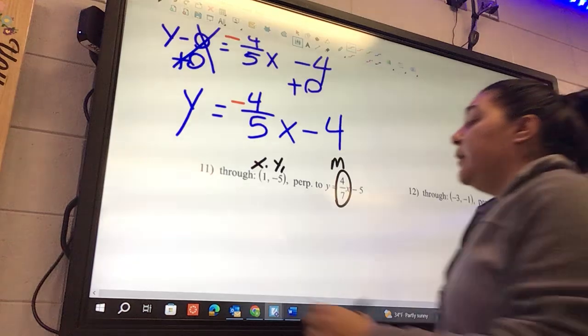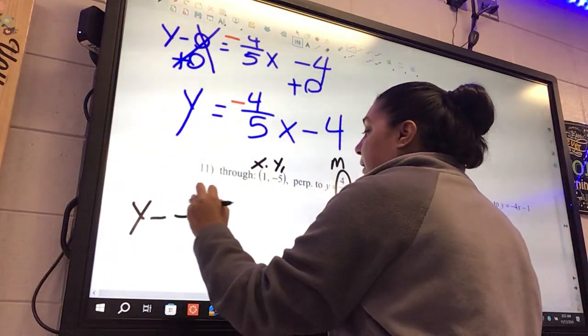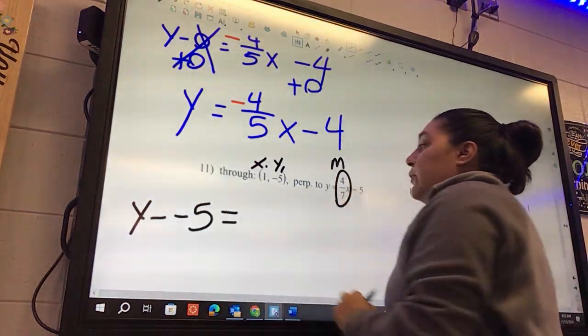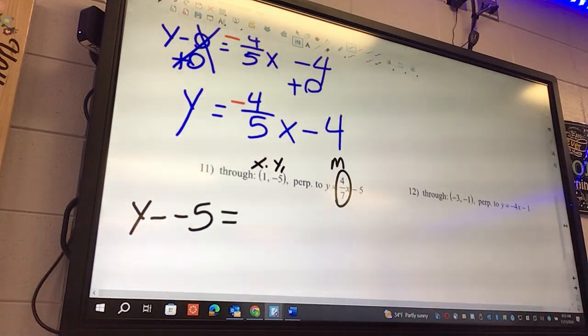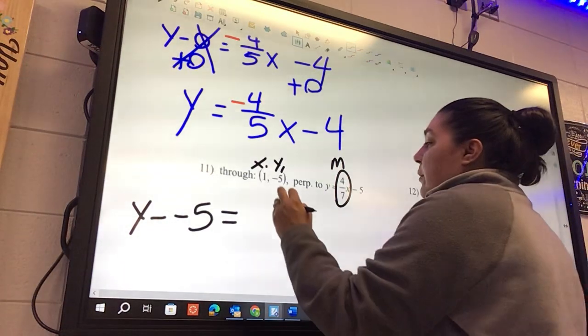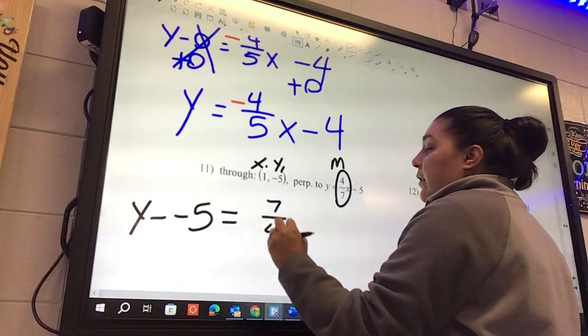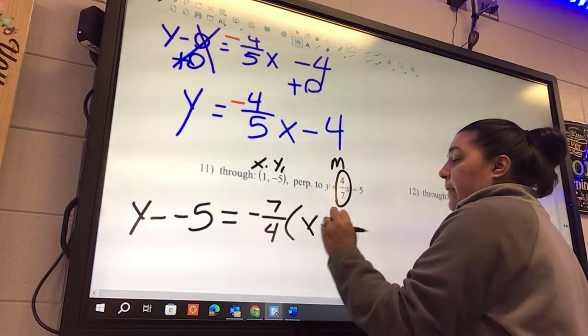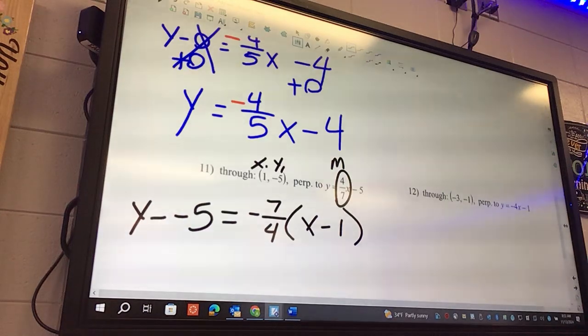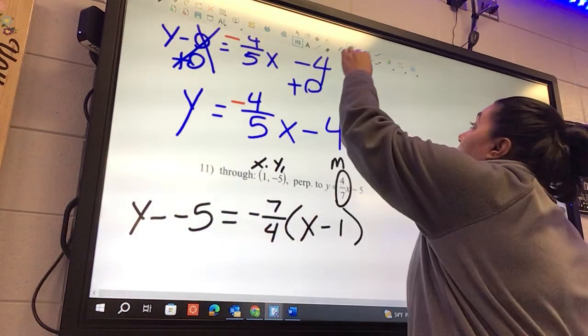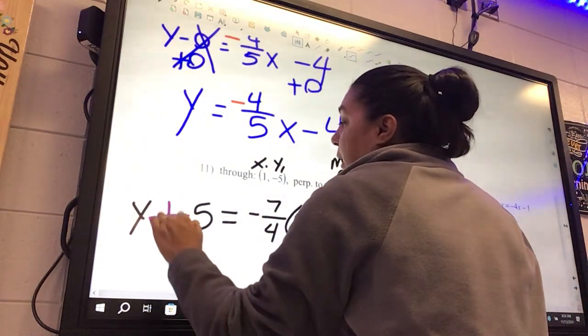Okay, last one is gonna be y minus negative 5 equals, what's gonna be my new slope? What's gonna be the new slope for that one? 7 over 4. Should be negative or positive? Negative. Okay, we're gonna change it to a plus.